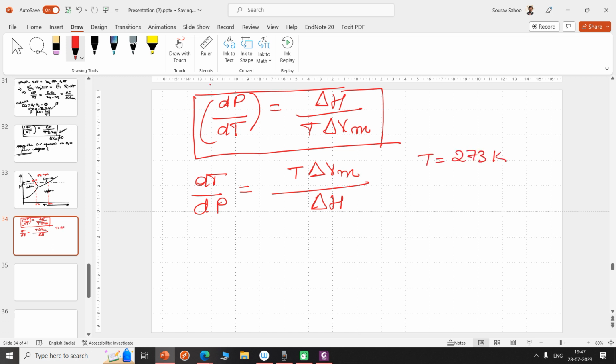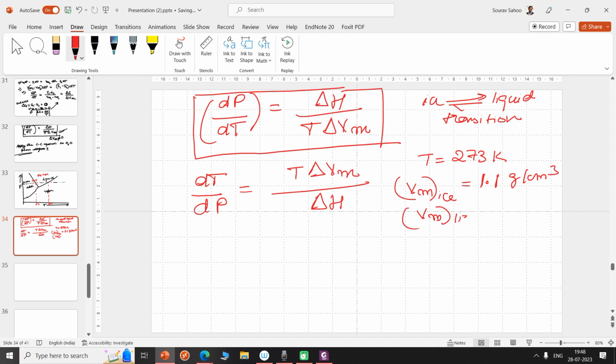So we are dealing with the ice to liquid transition. T is equal to 273. So the molar volume of ice is 1.1. We all know that ice occupies more volume, has a lower density, and it floats on water, right? And the volume of water or liquid is 1.0 gram per centimeter cube.